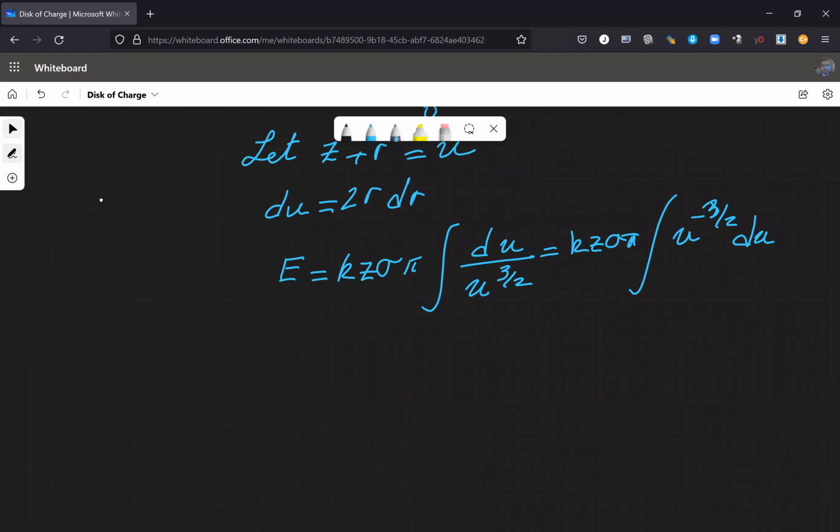Where basically E is kz sigma pi. We add 1 to the power and we divide by the new power, right? So when we add 1 to negative 3/2, we get negative 1/2. So that will be u to the negative 1/2 over negative 1/2.